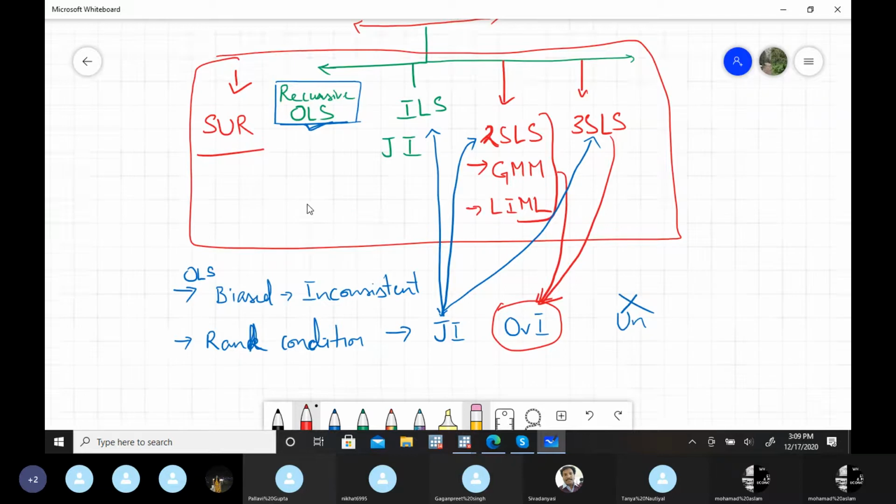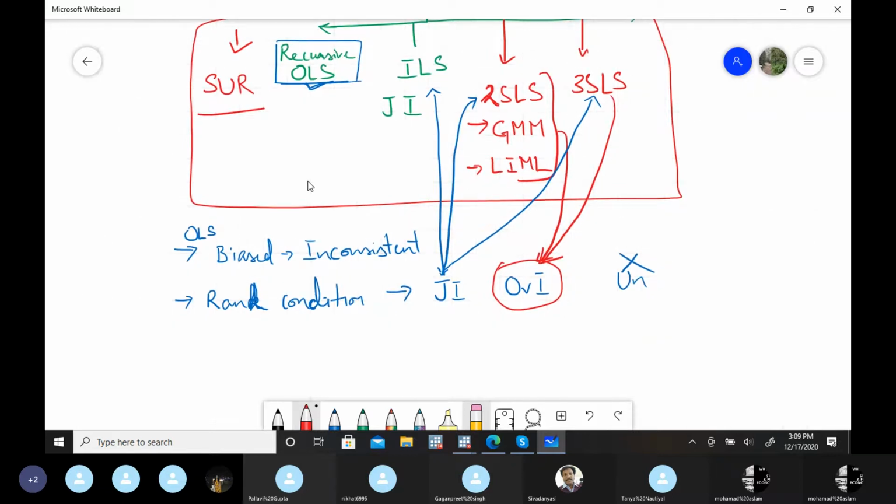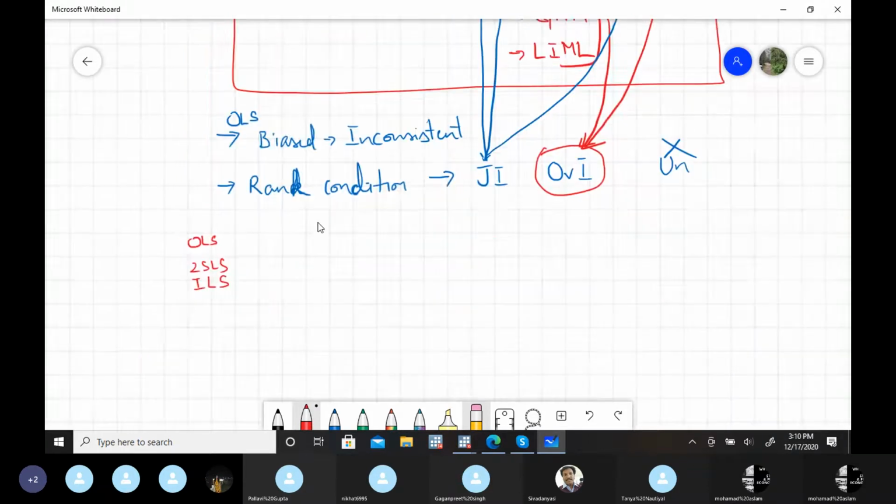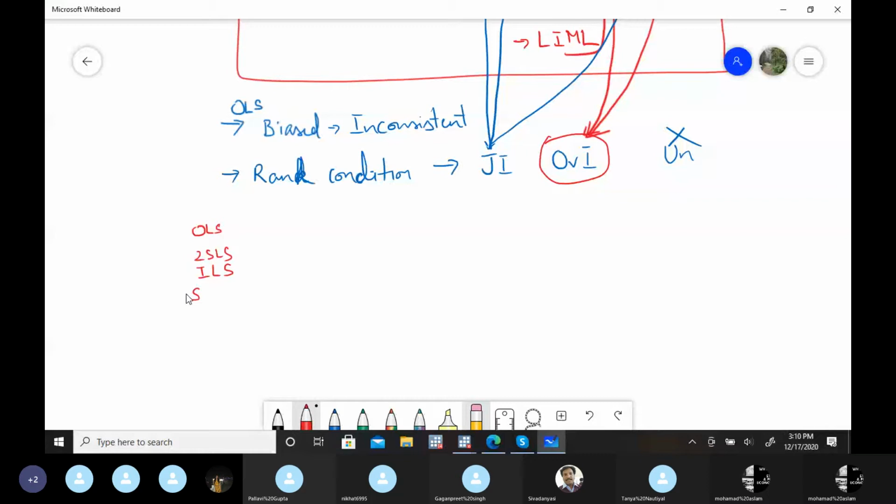Now, except for the GMM and LIML methods, all other methods, OLS, 2SLS, ILS, and 3SLS, the methodological background behind all these methods is the OLS methodology, but there are different steps.